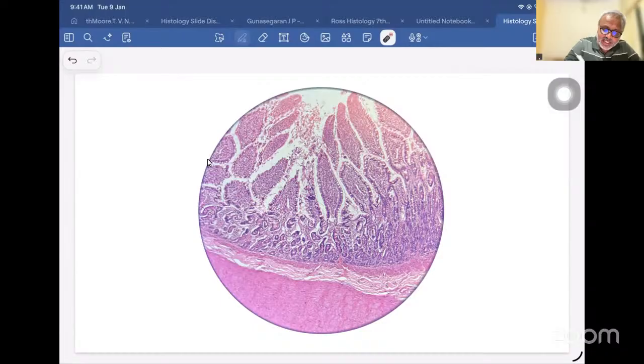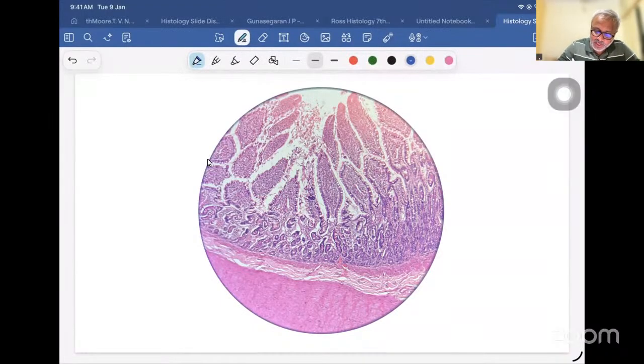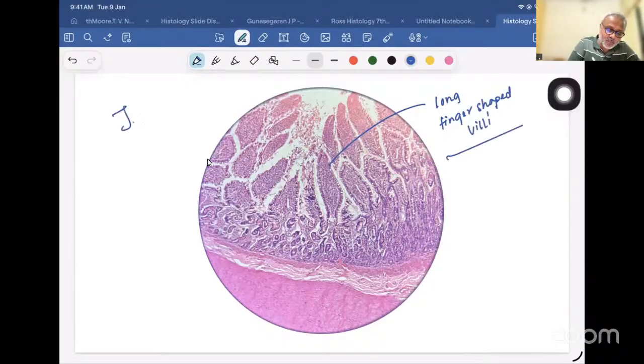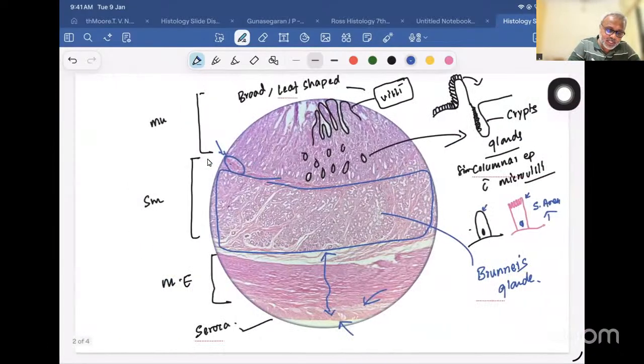This is the characteristic feature of what slide? The slide of jejunum. And what slide did we discuss here? This is the slide of the duodenum.